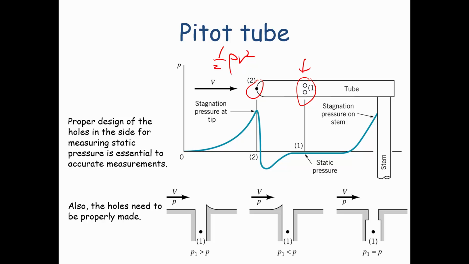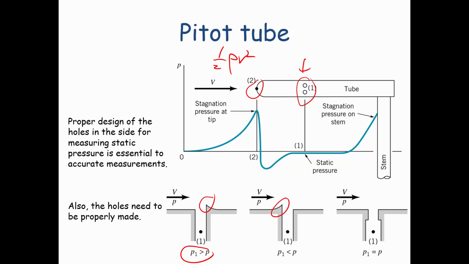And then P1 would be what your sensor is telling you the hydrostatic pressure is at point 1. And what is illustrated here is that if you have a hole and it's got a little bit of a burr on it like this, then the pressure P1 that you measure will actually be greater than the actual static pressure.